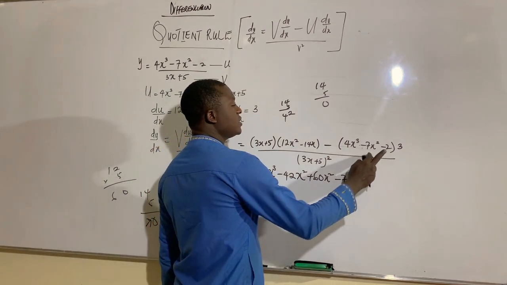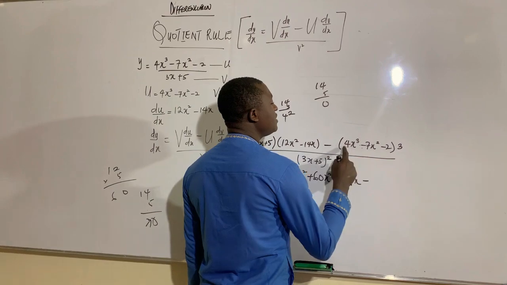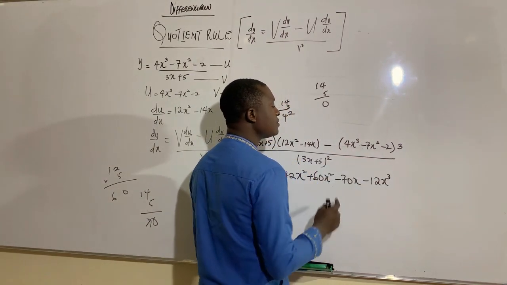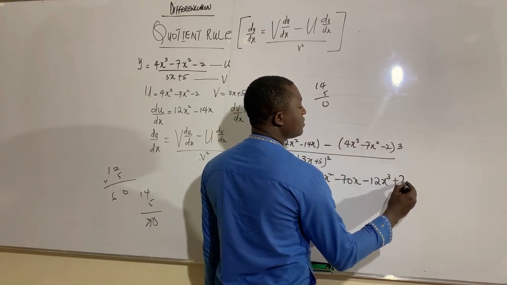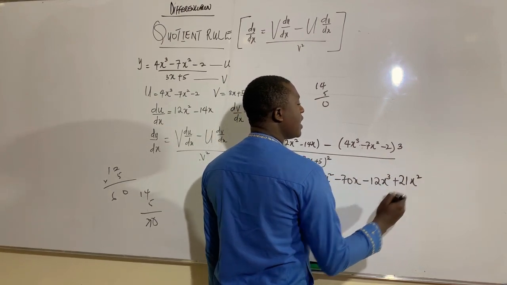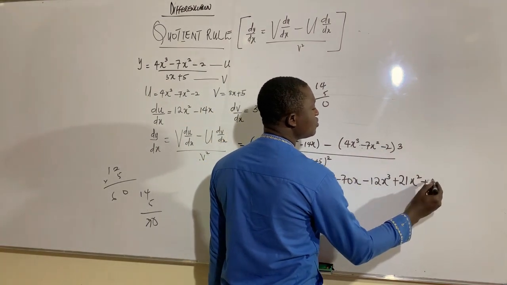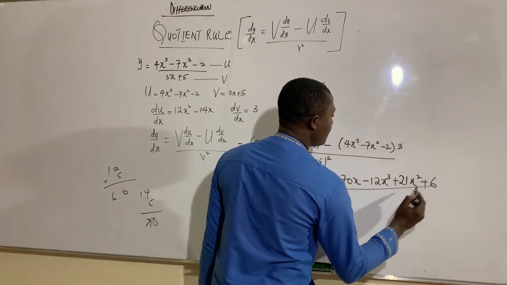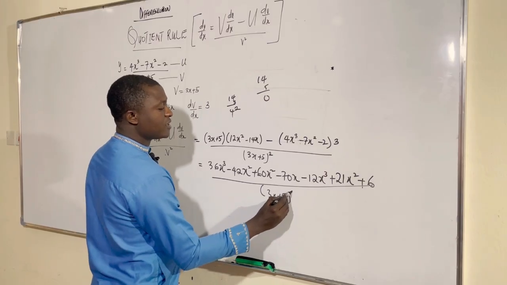Now we open the minus: minus 3 times 4 gives 12x cubed. Minus times minus gives plus 3 times 7, which is 21x squared. Minus times minus again gives plus 3 times 2, which is 6, all divided by 3x plus 5 all squared.